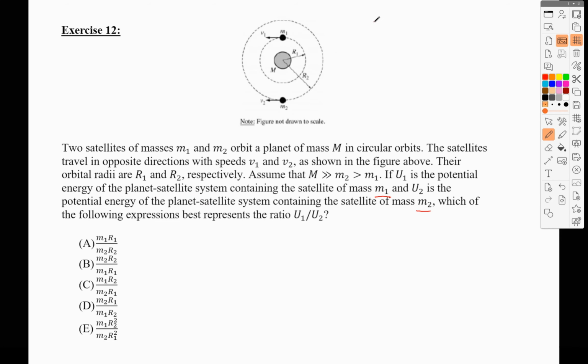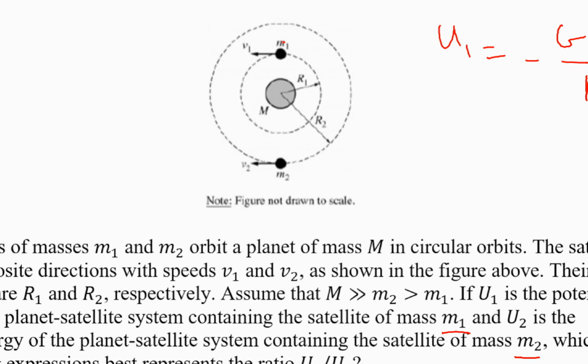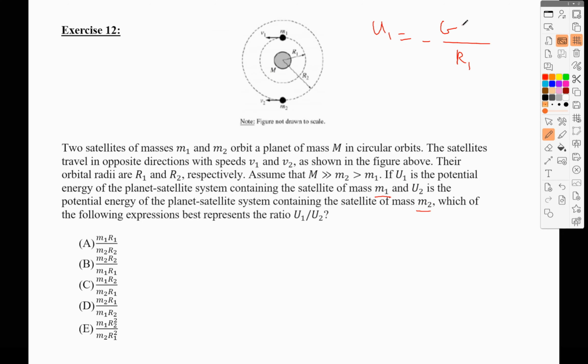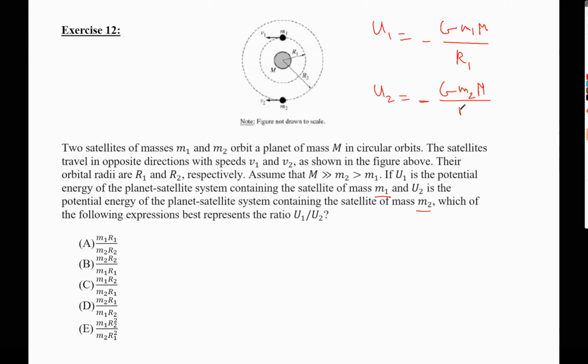So what is U1? U1 is minus G divided by the separation distance of M1, which is basically R1, and the coupled masses, which is basically M1 and the central mass. U2 is minus G, central mass, M2, M over R2. And we need to determine the ratio U1 over U2.